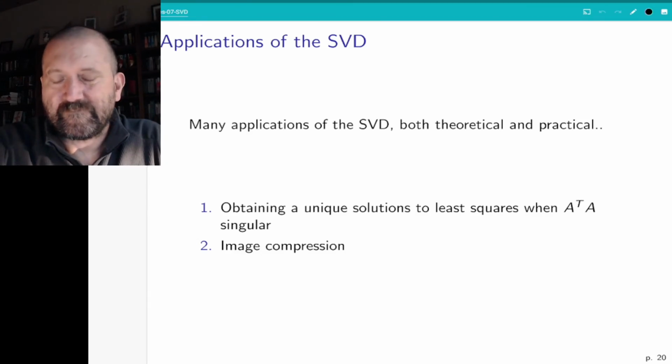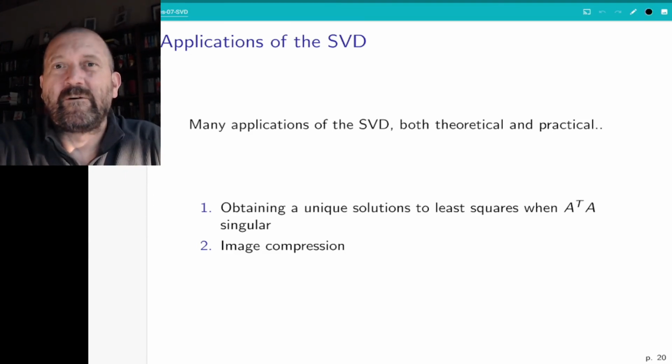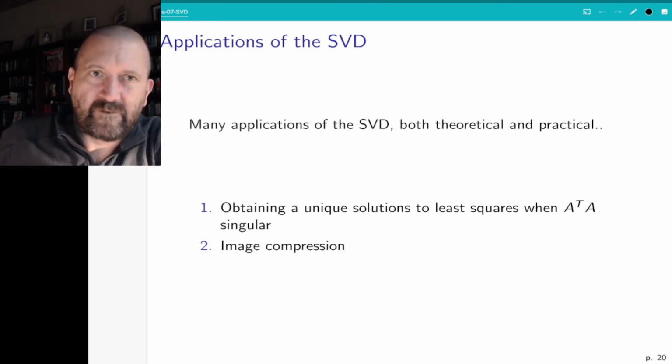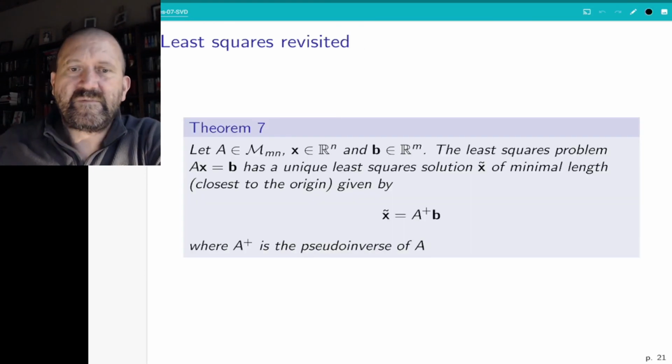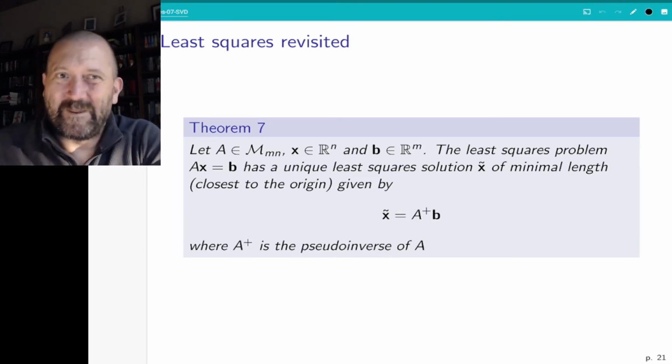And the other example deals with image compression. That's a practical application of the SVD. So let me start with the problem of existence of unique solutions to the linear least squares problems. I'll jump in right away and then I'll explain things.